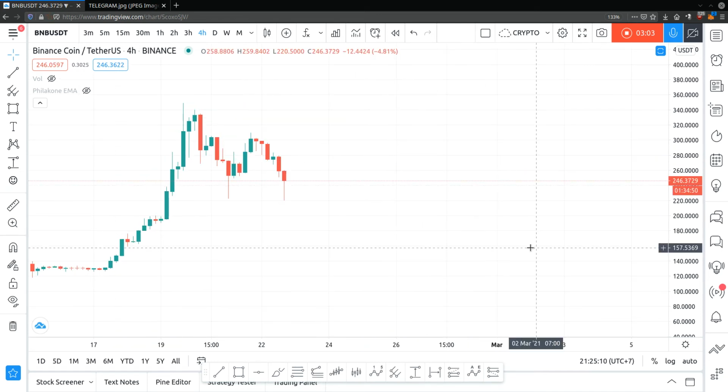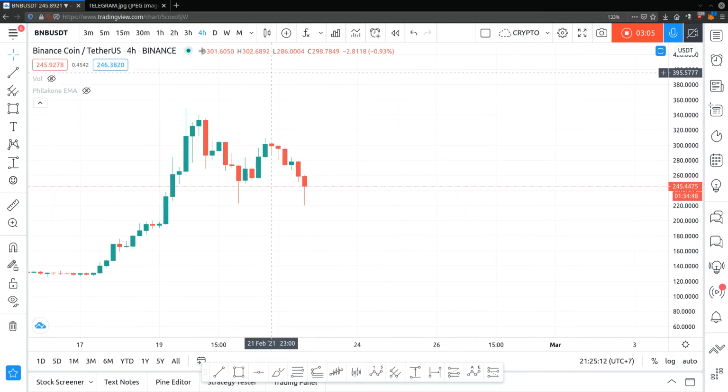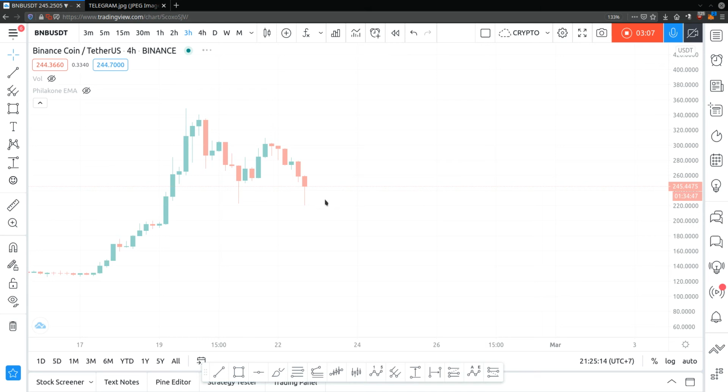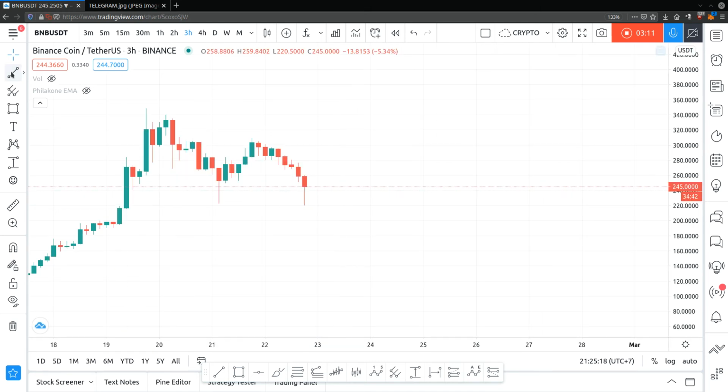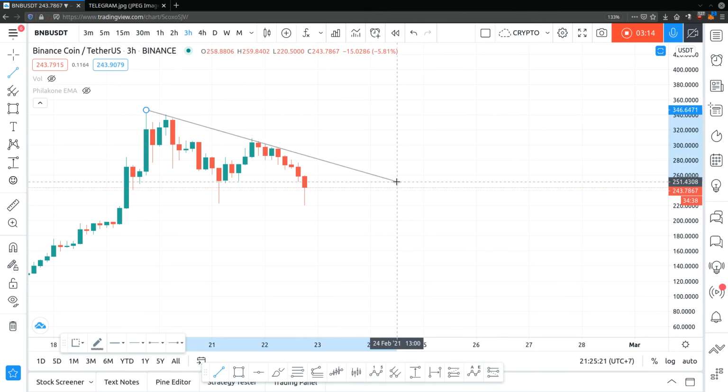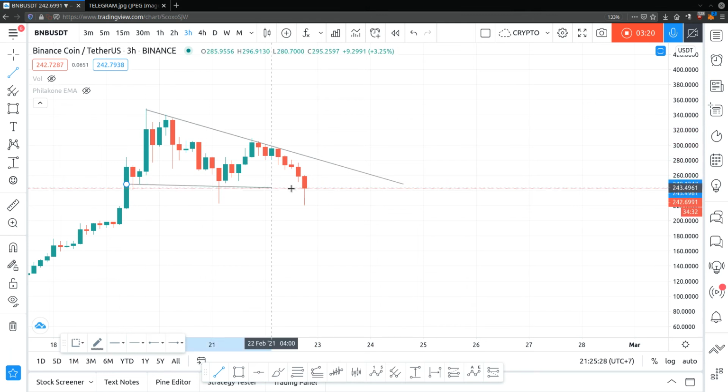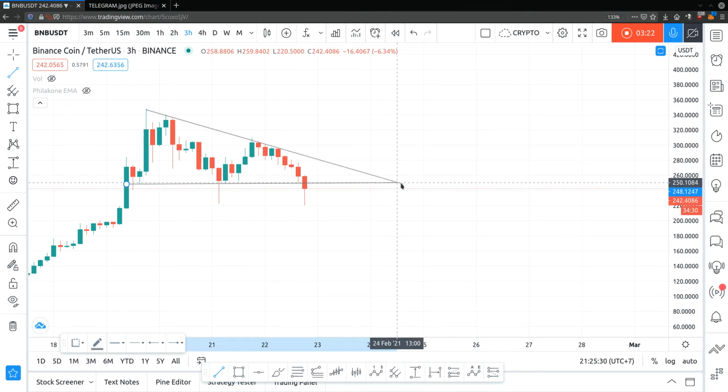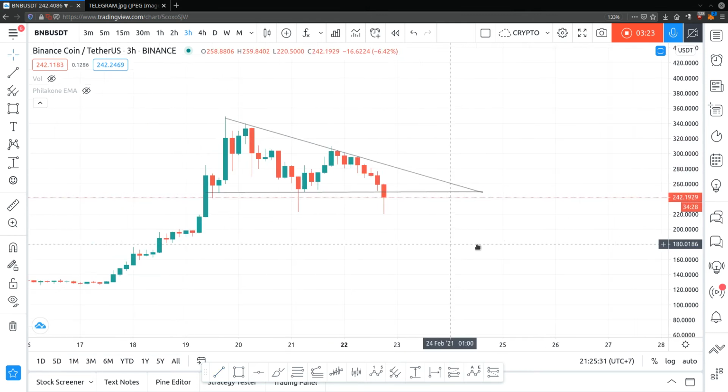And whenever you're drawing a pattern, the line has to touch 2 times. All right, so here, I look at this chart, I see this pattern right here. Line touched once, twice, line touching once, twice, 3 times, and I'll explain the psychology behind this.